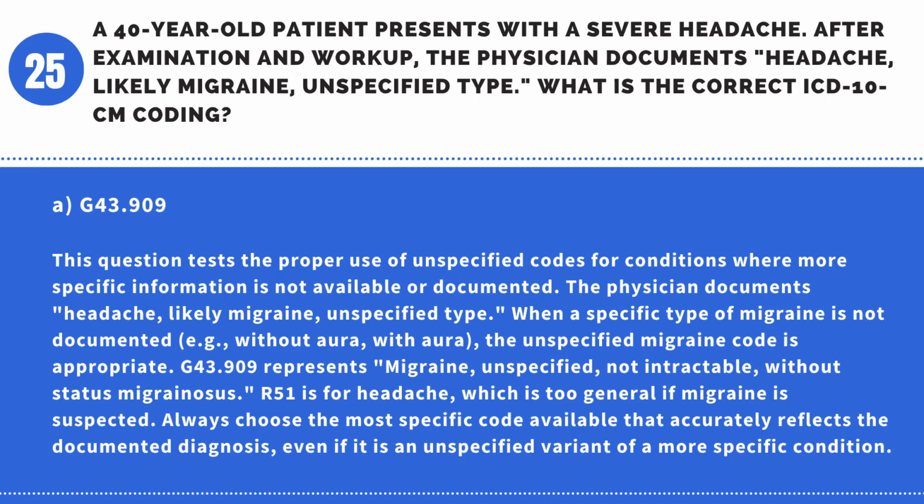G43.909 represents migraine, unspecified, not intractable, without status migrainosus. R51 is for headache, which is too general if migraine is suspected. Always choose the most specific code available that accurately reflects the documented diagnosis, even if it is an unspecified variant of a more specific condition.